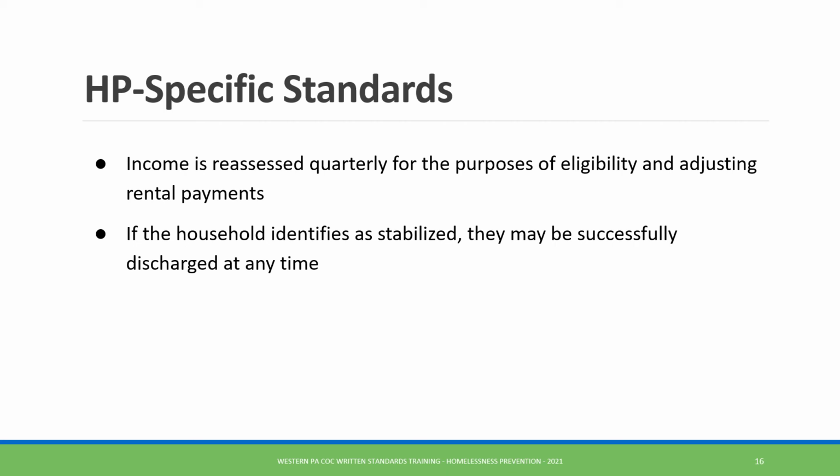Some indicators of stability could be that the goals in their previously created goal plan are realized, that the household is paying rent in full or to whatever level was agreed upon in their plan, that their housing crisis is resolved, that the household feels as though they have enough support in place to maintain stabilization without ESG's essential services.